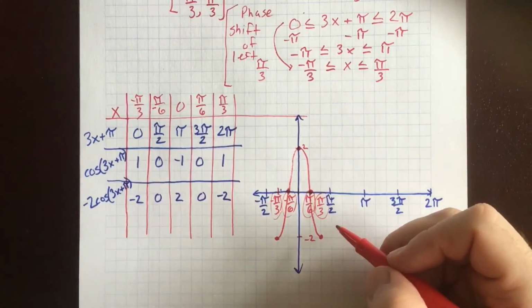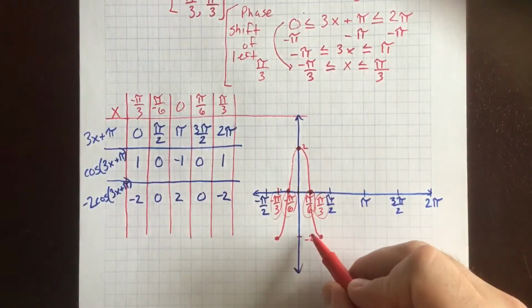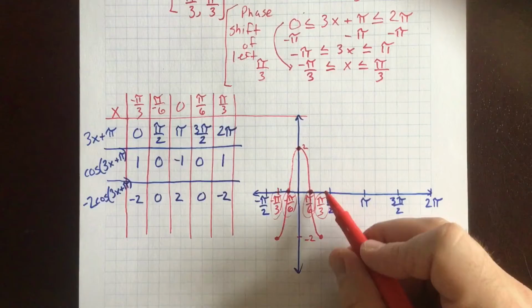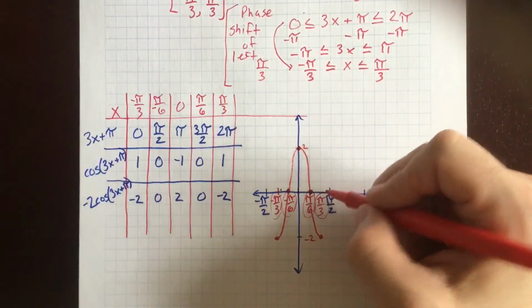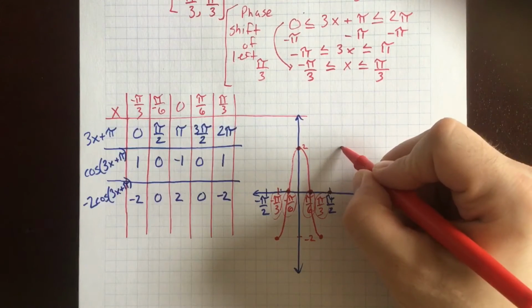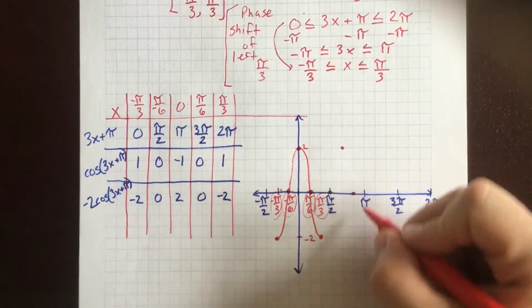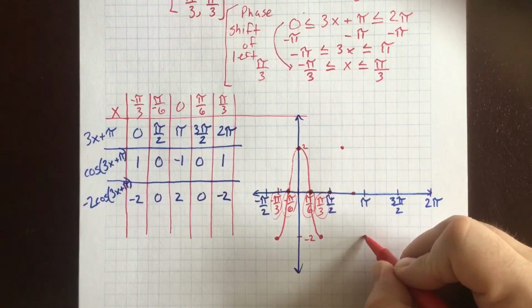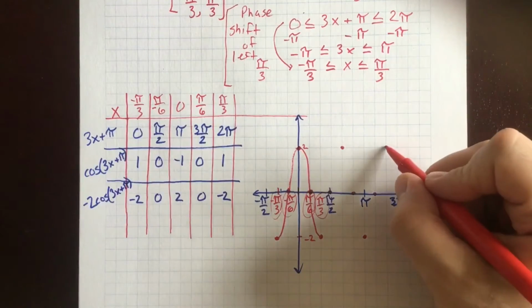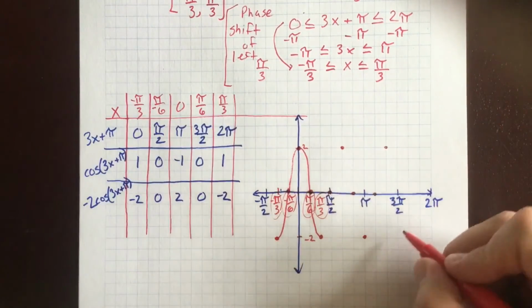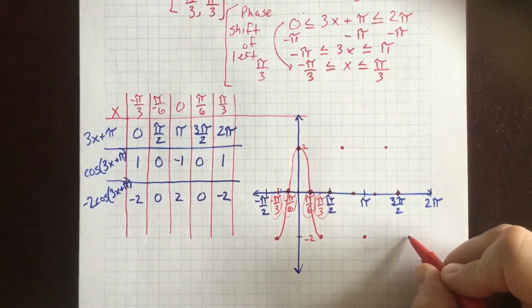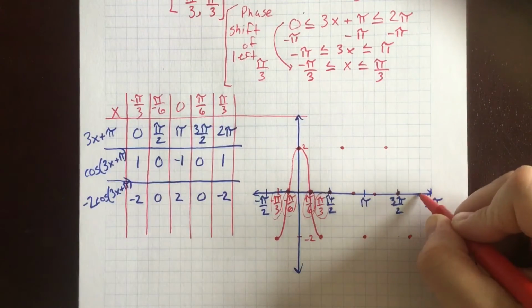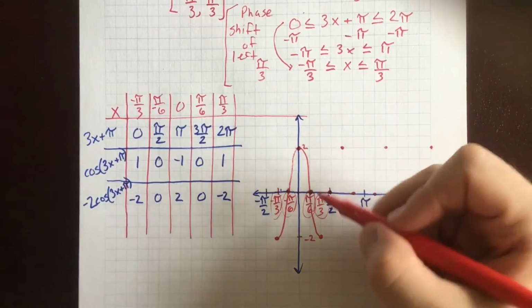Let me see if I can extend it this time without messing it up. Every line goes negative 2, 0, 2, 0, negative 2. So 0 here, up to 2, down to 0, down to negative 2, 0, like that. I'm just going to keep going here. I almost made that mistake.